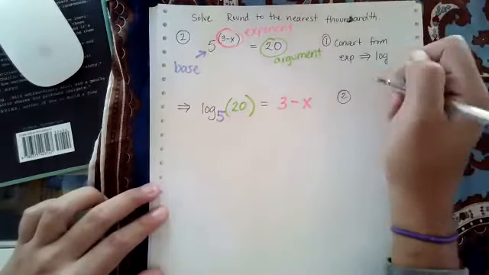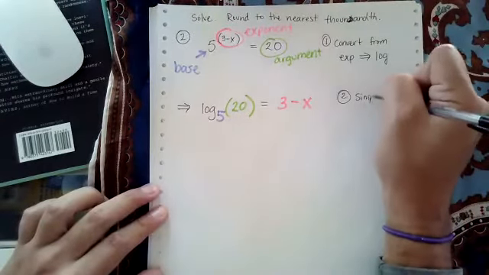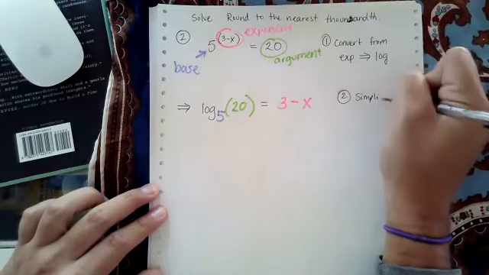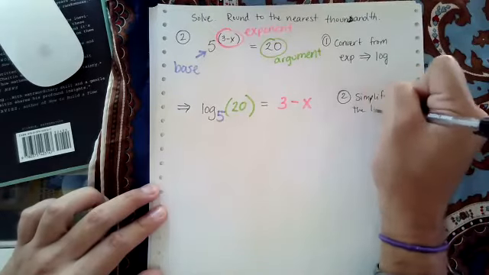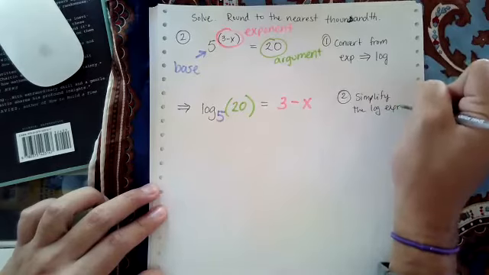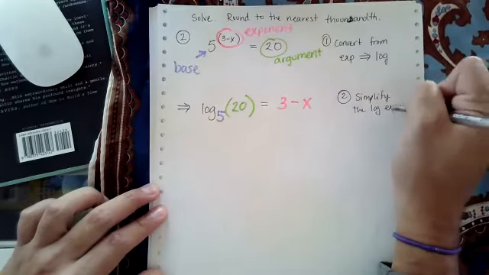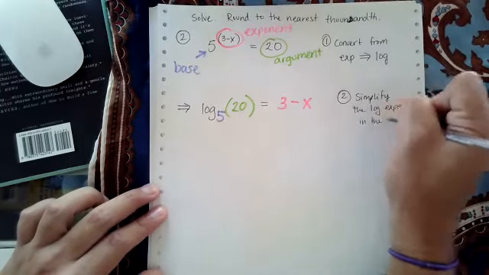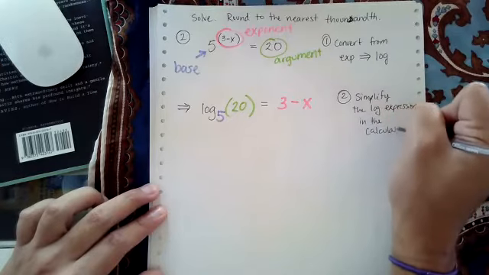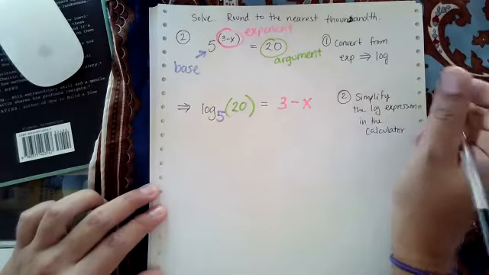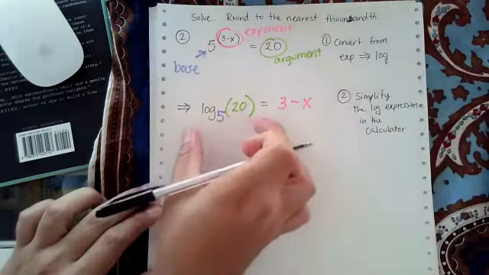The second step is going to be just to simplify the log expression in the calculator. So this left-hand side of our equation.